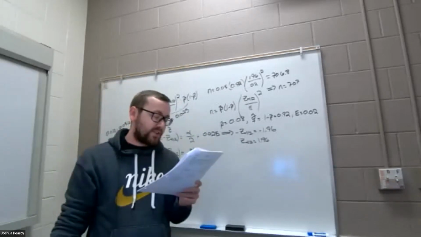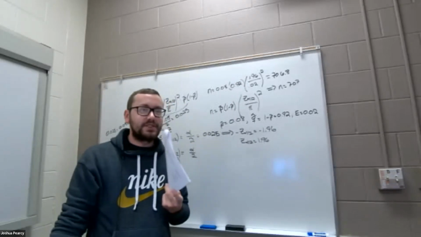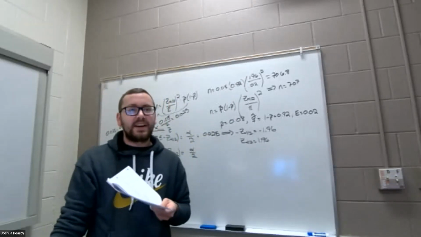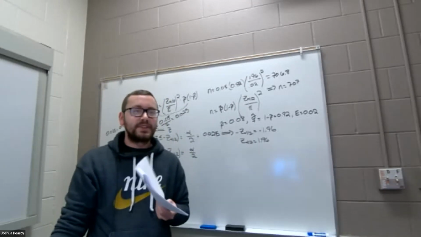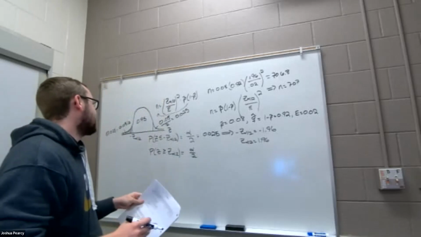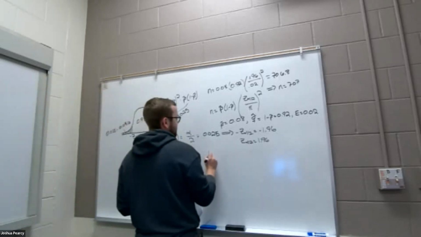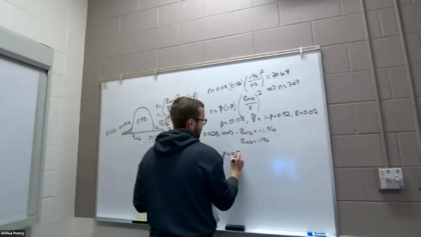The next part: what if no previous study was done? Find the minimum sample size necessary to be accurate within 2%. In that case, do you know p hat or not? No. So then you use the second rule. You use p hat is 0.5.